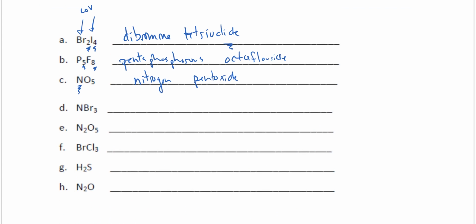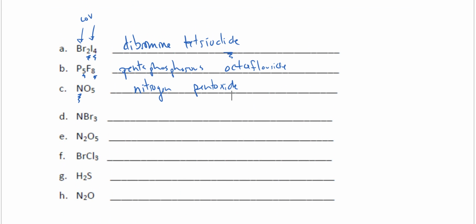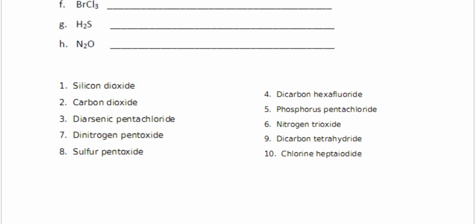Take a minute and try the next couple on your own. Once you've successfully written the names of those compounds, try doing the reverse and writing the formulas if given the names.